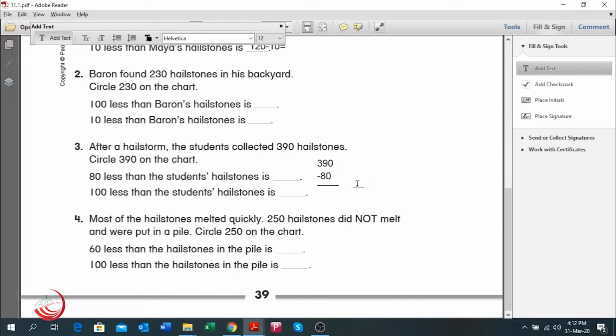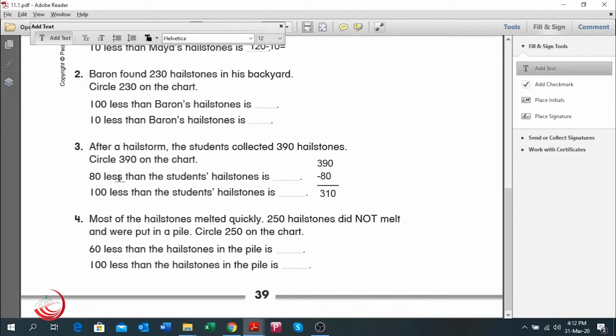Okay, let's solve it together. 0 minus 0 is 0. 9 minus 8 is 1. 3 minus 0, the hundreds, equals 3. So 390 minus 80 equals 310.